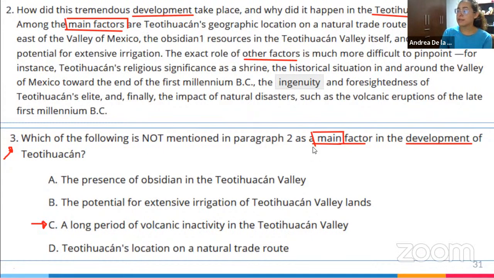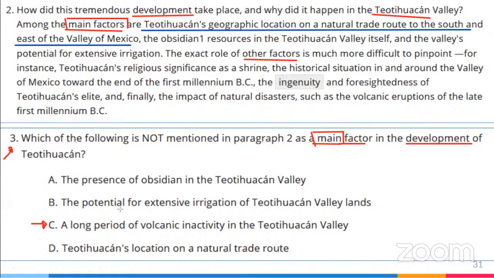And we start reading, they say the first one is Teotihuacan's geographic location on a natural trade route to the south and east of the Valley of Mexico. Once you have found one of those, because you always have to have 3 correct, right? There's always going to be 3 that were mentioned and only one that wasn't. So in this case, we already have one, Teotihuacan's geographic location. Which option talks about that, geographic location?